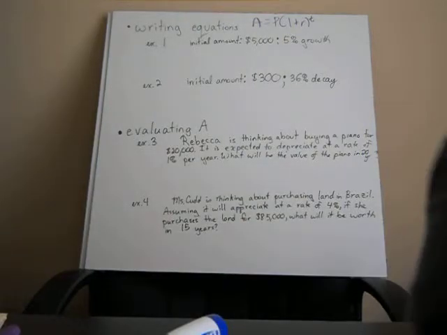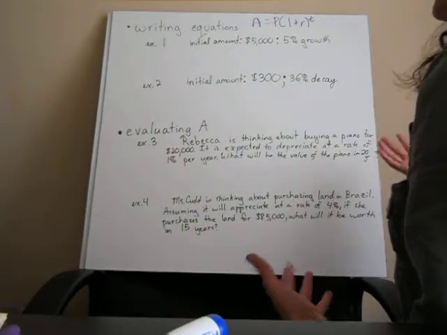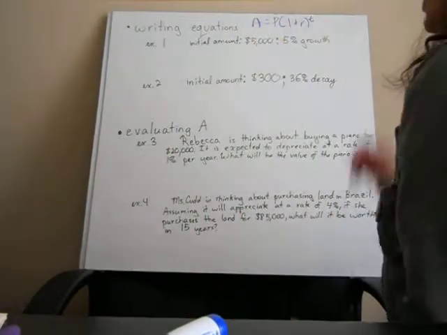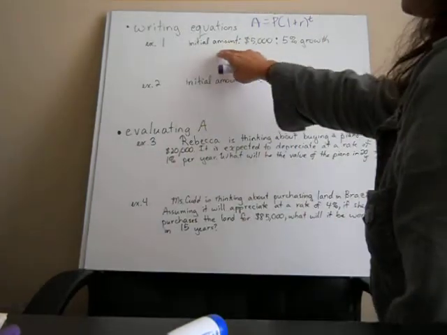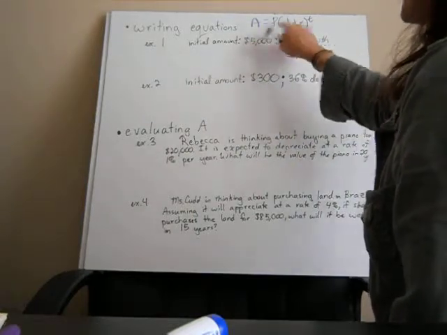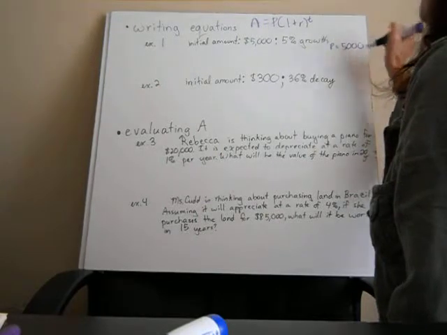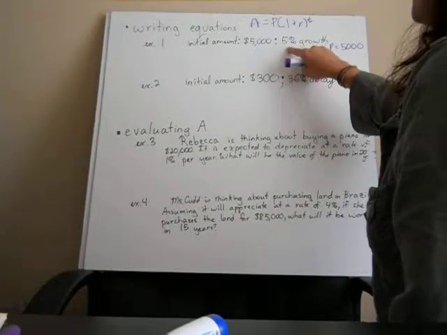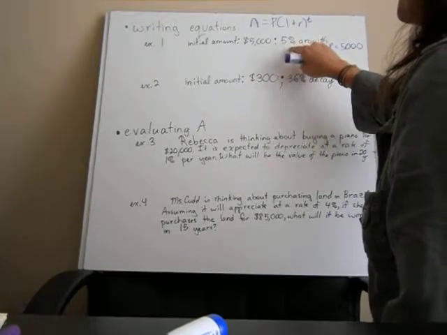So one of the things you might be asked is to write the equation of a relationship of some amount over time. So when asked to do that, for example here, it tells you the initial amount is 5,000. Remember that your initial amount is P, so that means P is 5,000. And you have 5% growth. Now remember, growth as R has to be a decimal.